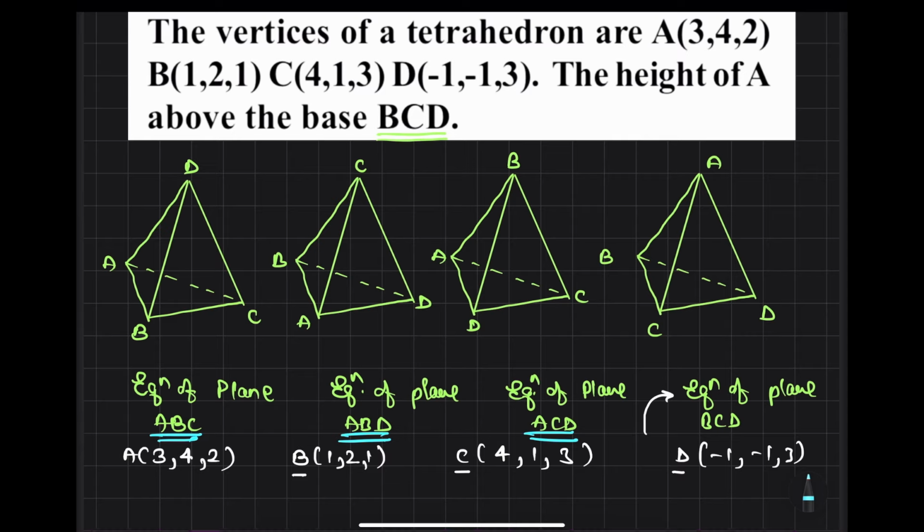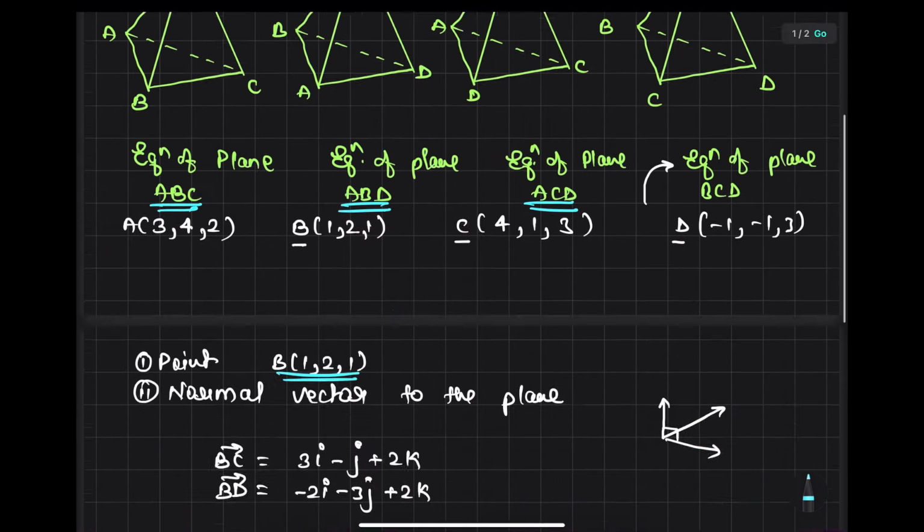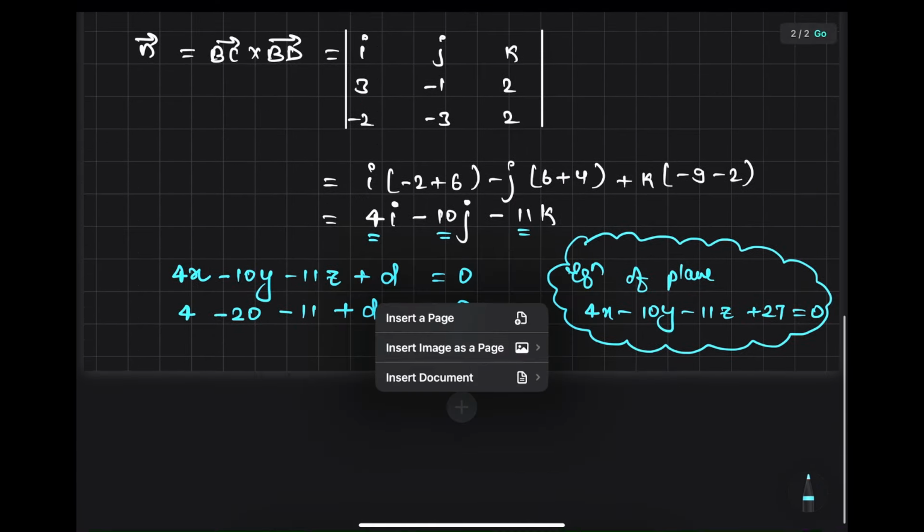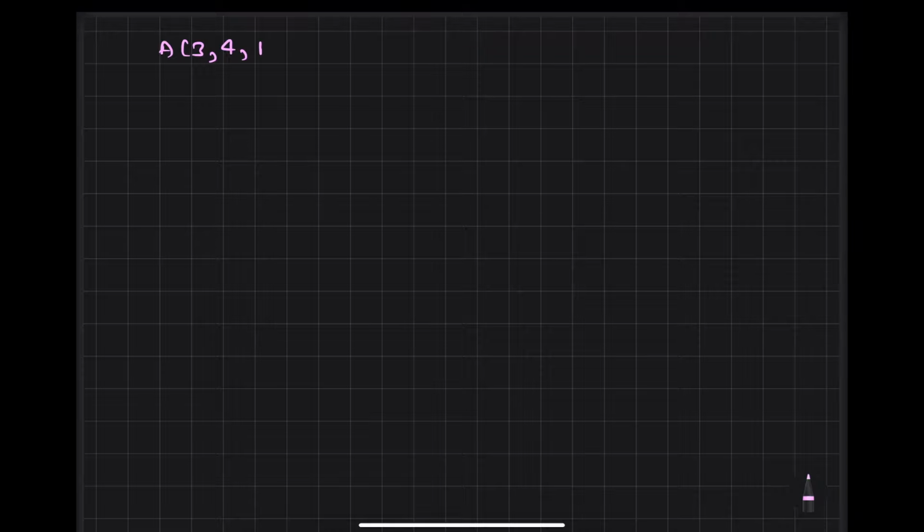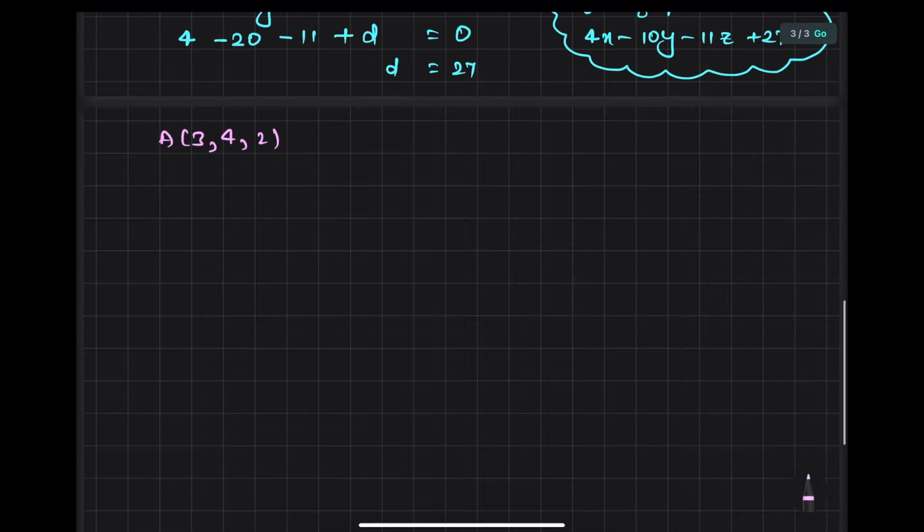Now we need to find the distance of the point A, which is (3, 4, 2). And you know that the equation of the plane is 4x minus 10y minus 11z plus 27 equals 0. Correct? Now we can find the distance.